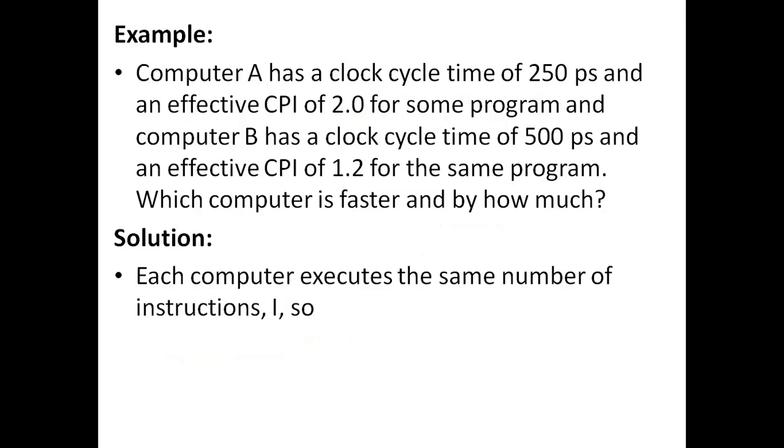So the solution is, we use the performance equation: performance A divided by performance B equals execution time B divided by execution time A equals N. Now apply the values.